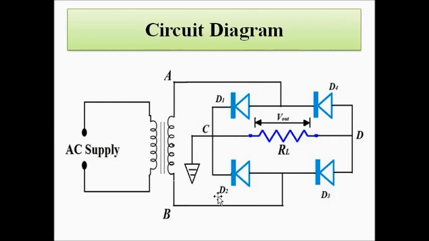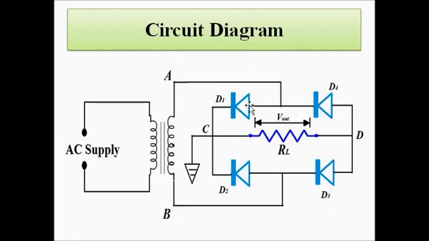Now, if you look closely at this circuit arrangement, the positive end A is connected to the P type end. This is the P type end. You are already clear about the P type and N type ends of the diodes. I have already mentioned that in the basic introduction to diodes, so please check out that video also.